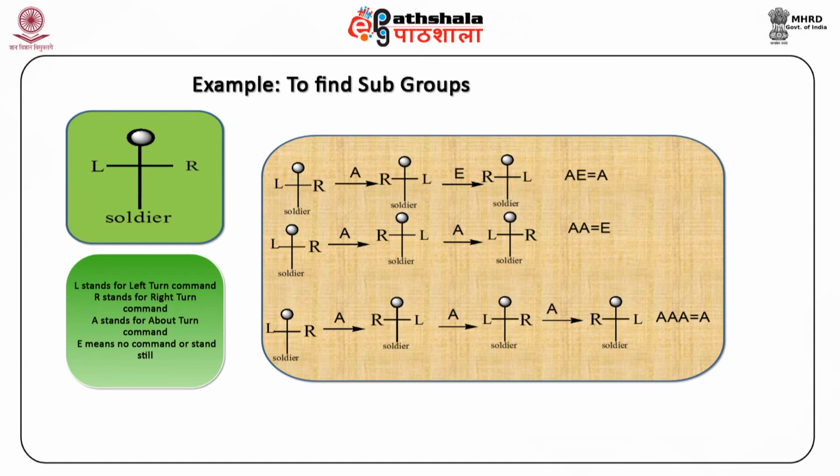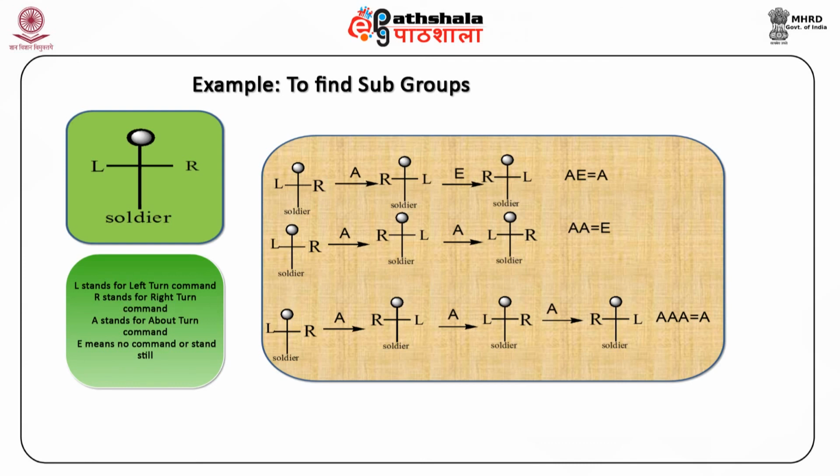L, R, A, E. EA is equal to AE is equal to A. AA is equal to E, AAA is equal to A, A inverse is equal to A, and E inverse is E, and so on.